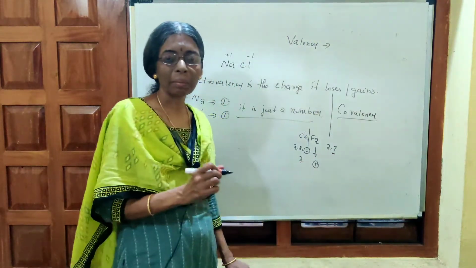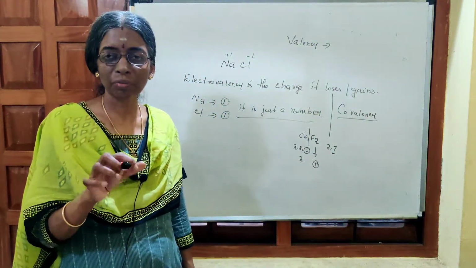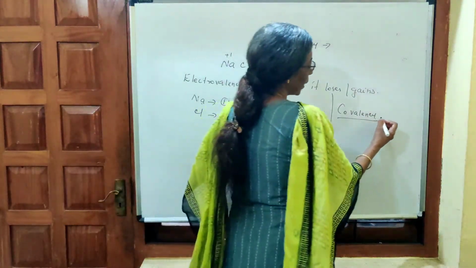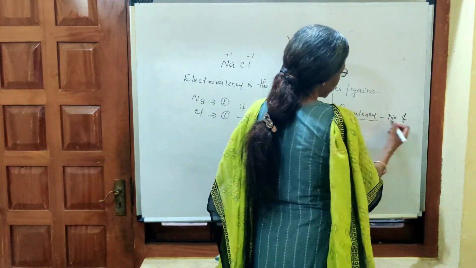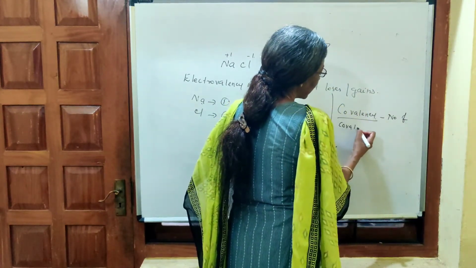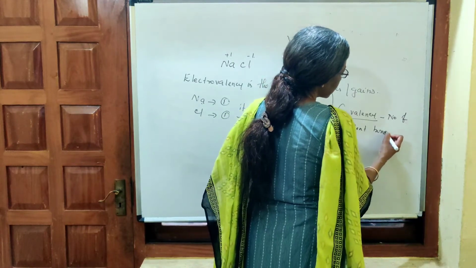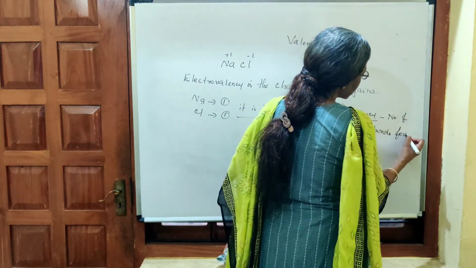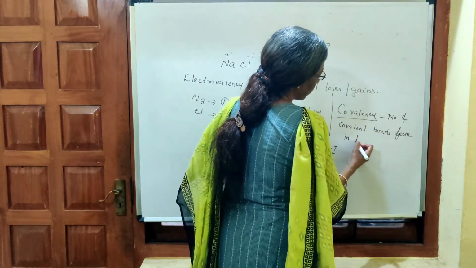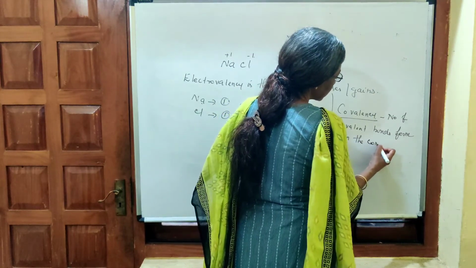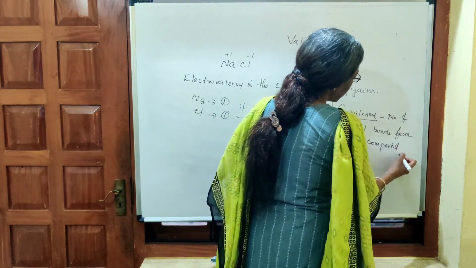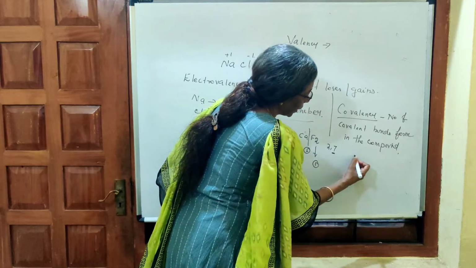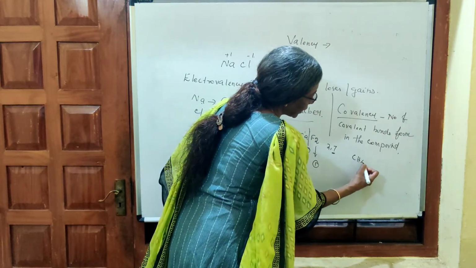Covalency means the number of covalent bonds formed in the compound. For example, ammonia, CH4, we can take CH4.